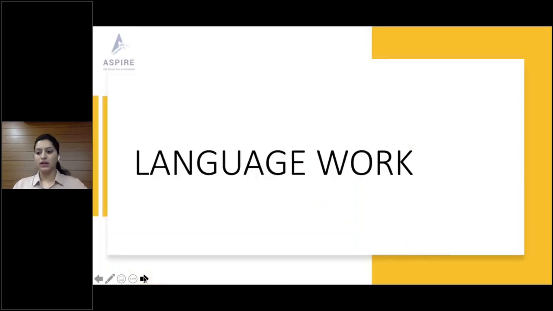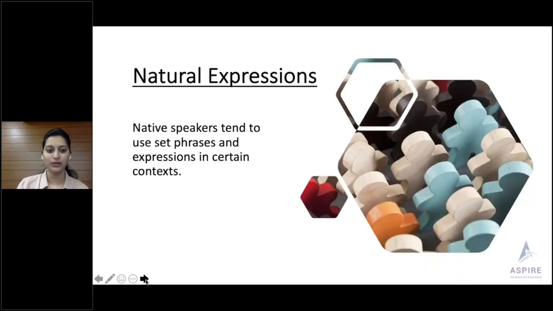All right. Now, what is the kind of language that you need to be aware of for the speaking module? Natural expressions. Native speakers tend to use a set of phrases and expressions in certain contexts.